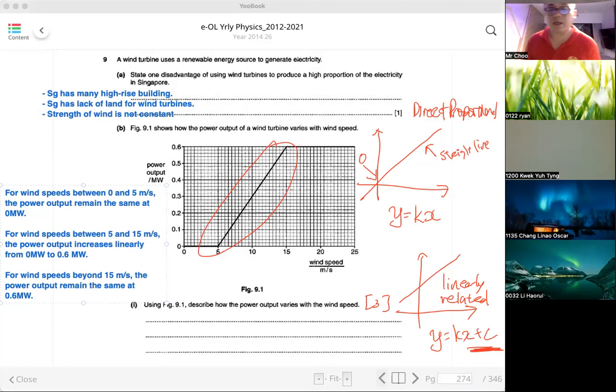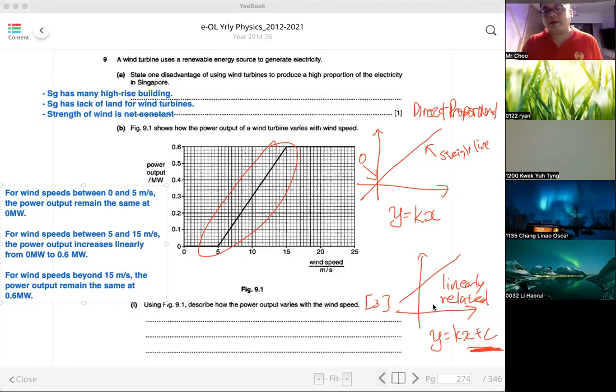This is very important in your practical because they like to ask, what's the relationship between these two variables? If it cuts through 0, you declare these two variables are directly proportional. But if the straight line does not cut through 0, they are just linearly related.